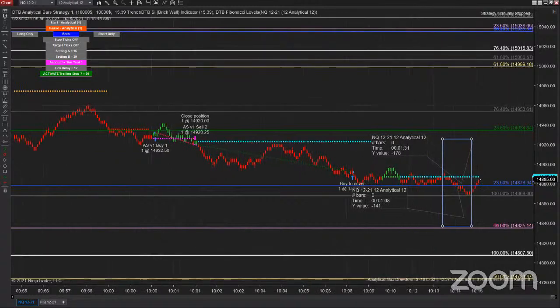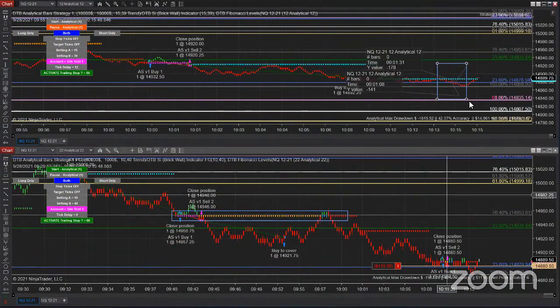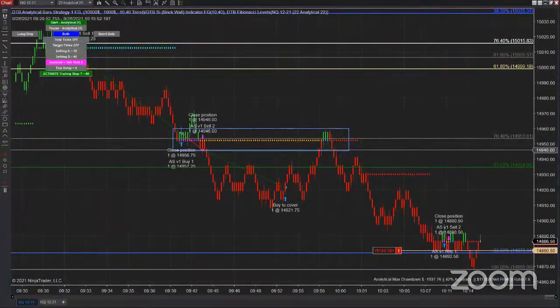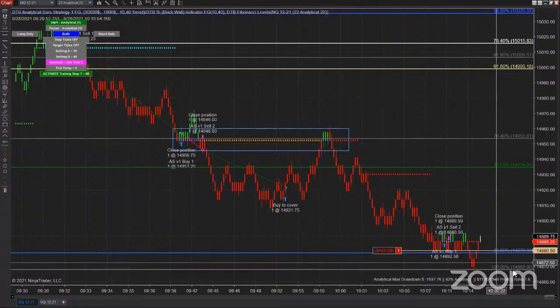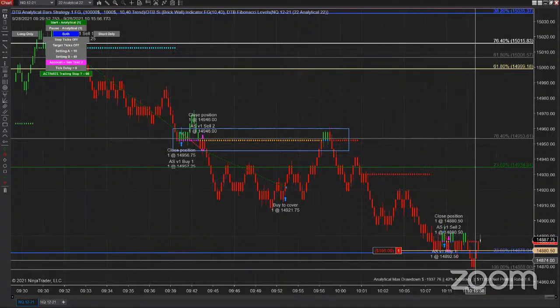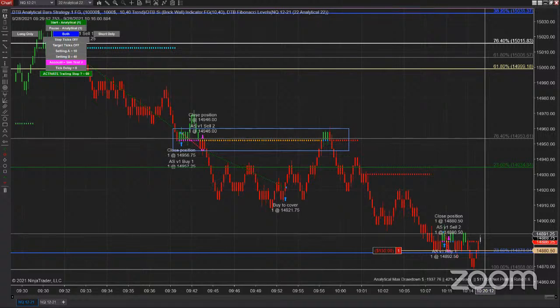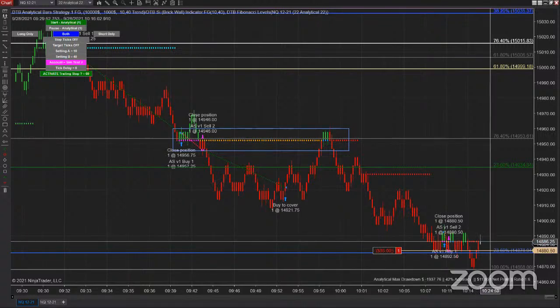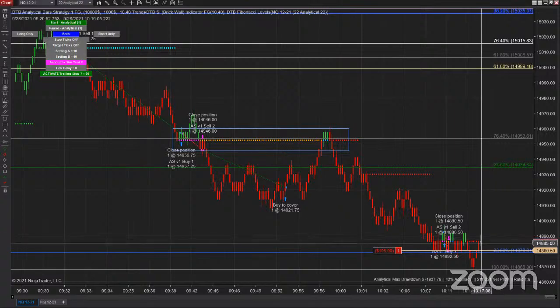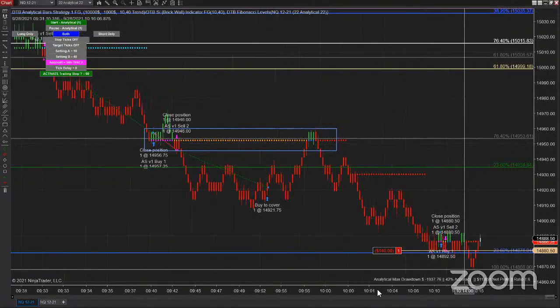Let's look at it on another chart, on the 22 chart. Let's see what it looks like on there. This is the one that was in a sell position. So it did go below the 23.6, but now it looks like it's coming up above. So again, it's that brick wall. There's a brick wall over here. You see that red brick wall, that dotted thing.